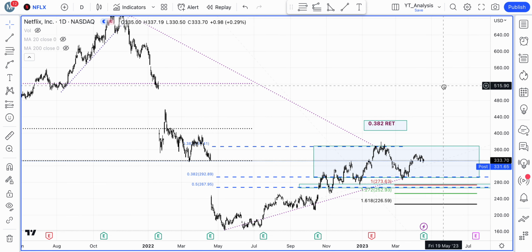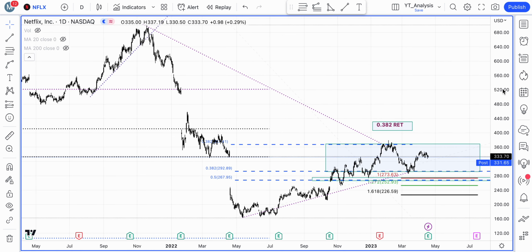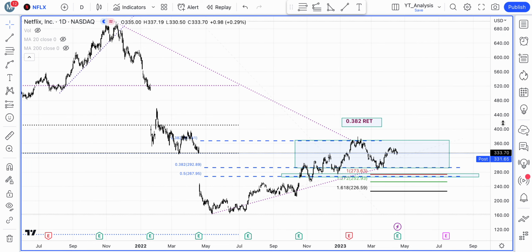So what we are looking at is basically from the all-time highs reached back in November of 2021. The prices retraced back to this 38.2% Fibonacci retracement. It's a pretty significant resistance level.